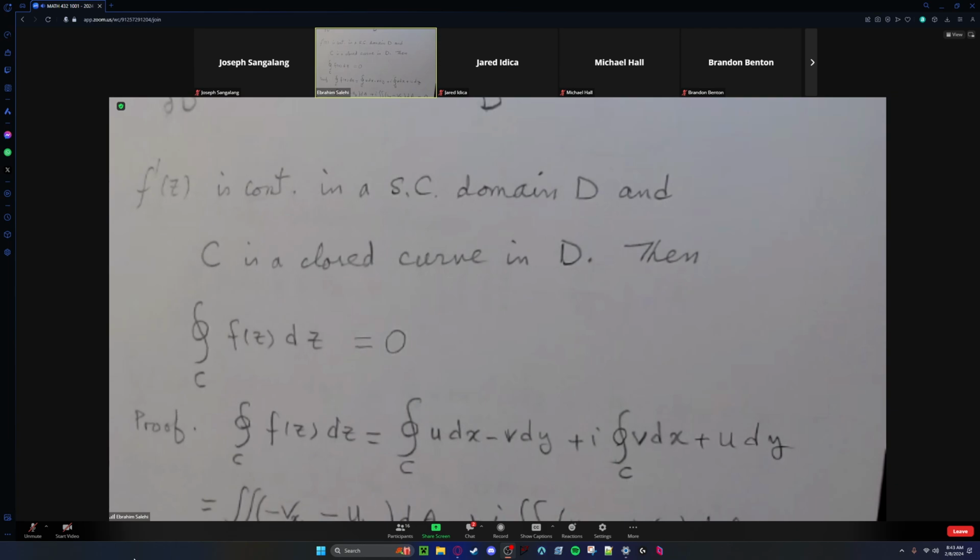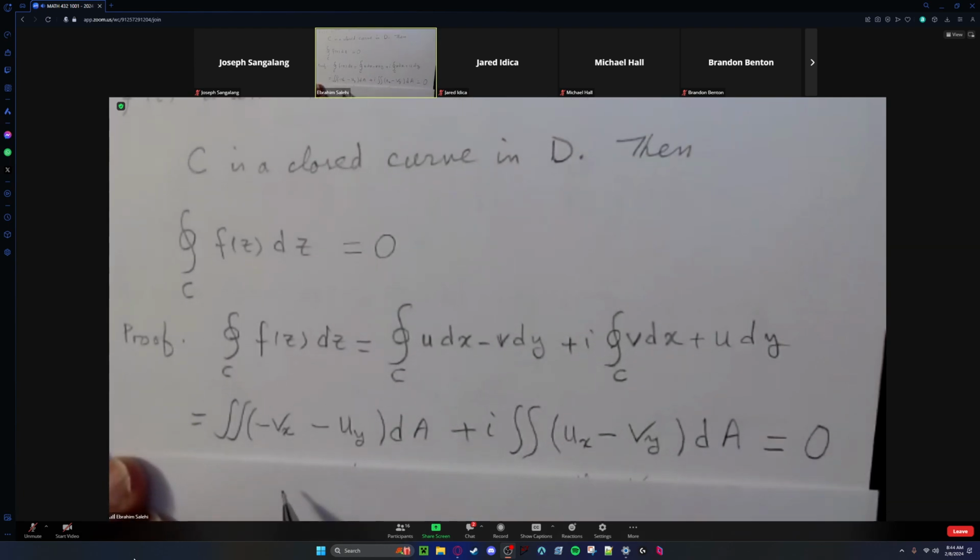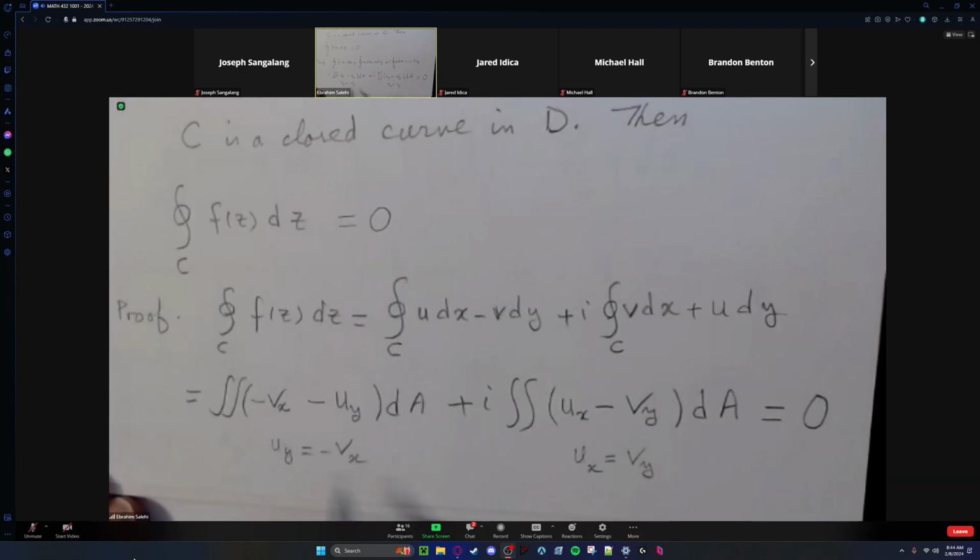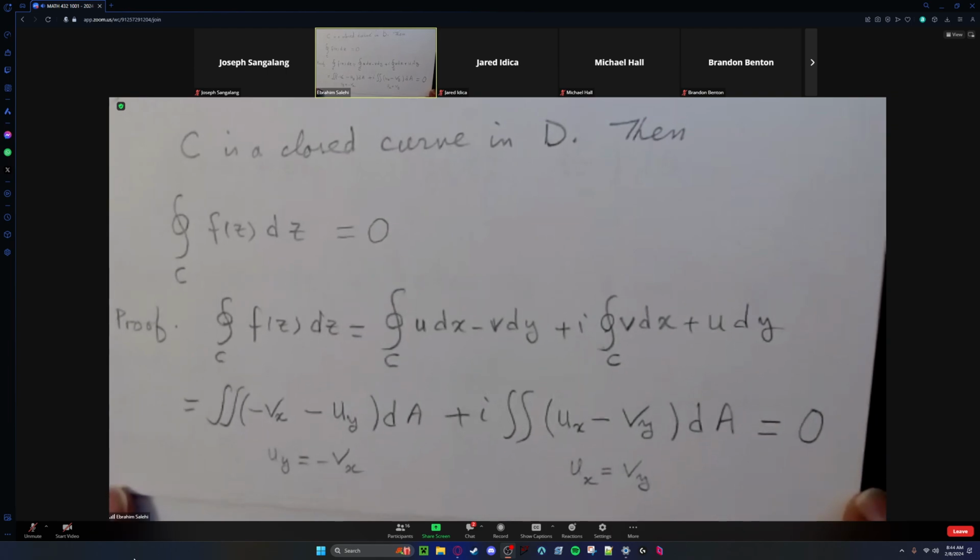And now you use the Cauchy-Riemann equations. The Cauchy-Riemann equations tell us that this will be zero, this will be zero. So the result is zero, okay? This is the Cauchy-Riemann equations. So the message is pretty clear.